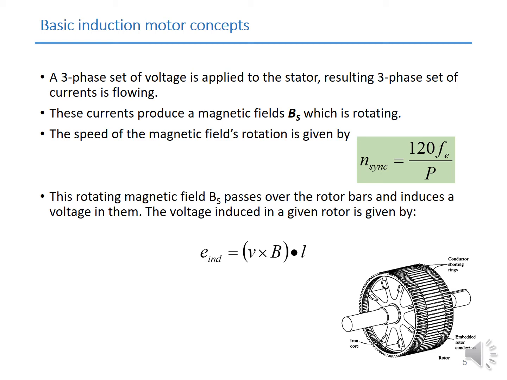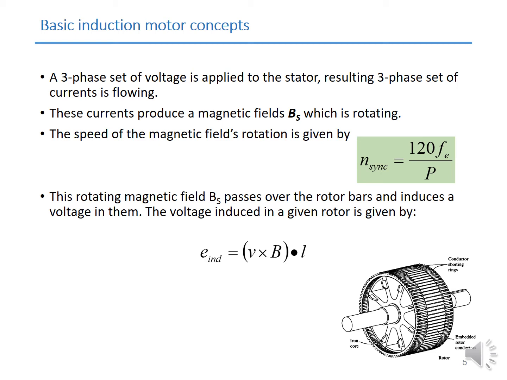This rotating magnetic field B_S, the stator magnetic field, passes over the rotor bars, and it will induce a voltage across the rotor bars, given by the following equation: e_ind equals (v cross B) dot l.